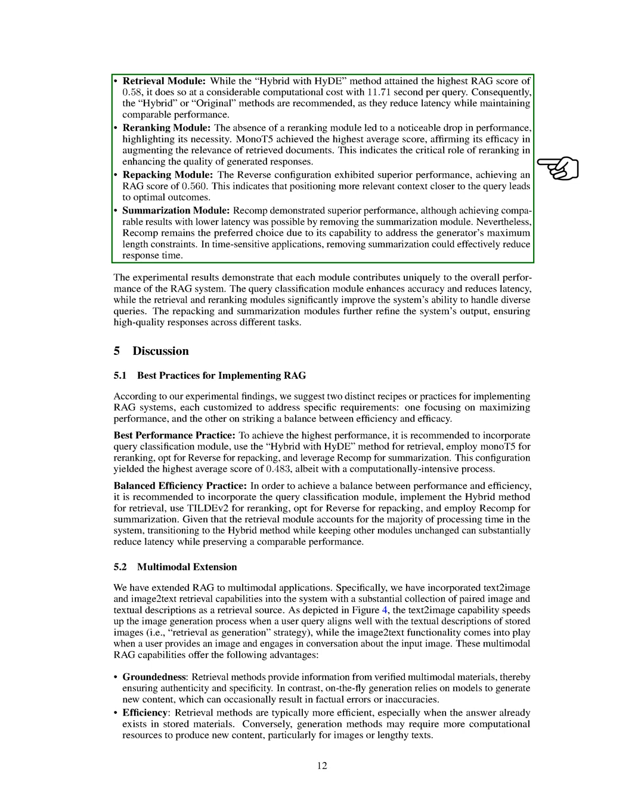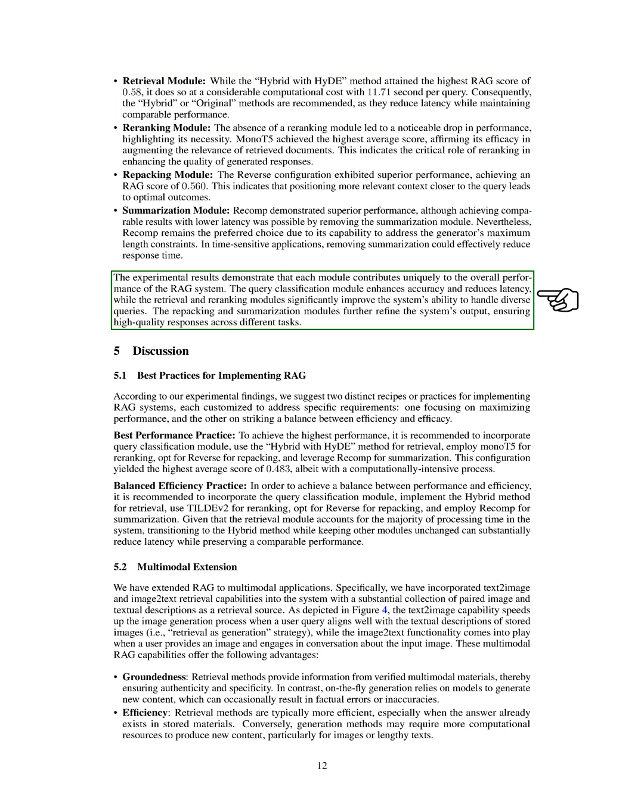The summarization module showed superior performance with Recomp, although removing this module could achieve comparable results with lower latency. However, Recomp is preferred due to its ability to address the generator's maximum length constraints. Removing summarization could effectively reduce response time in time-sensitive applications.